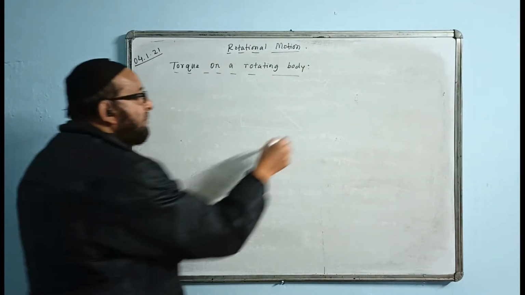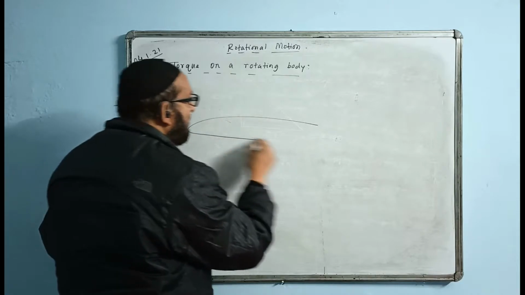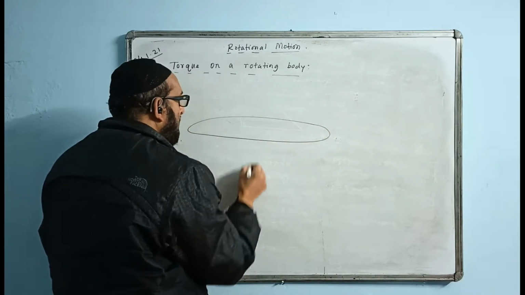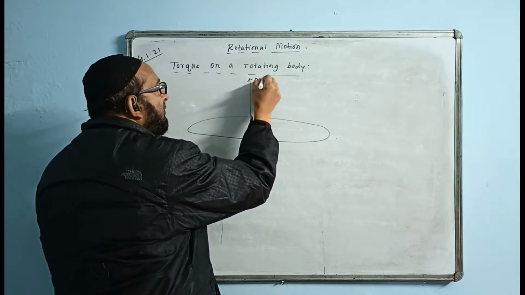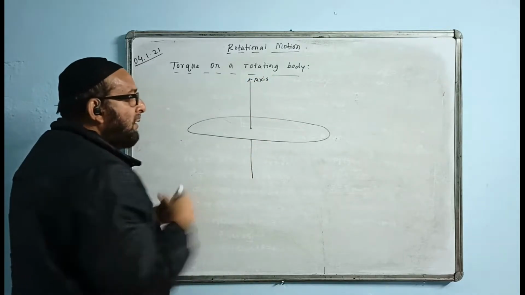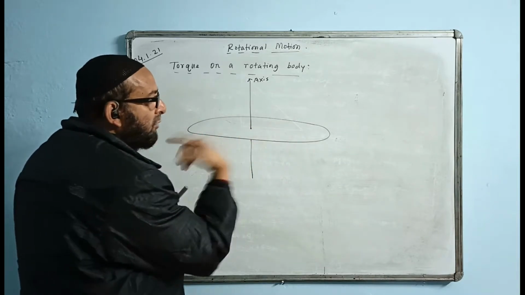For this, we will draw a diagram. We have a body like this. This is the axis of rotation, and this body is rotating.